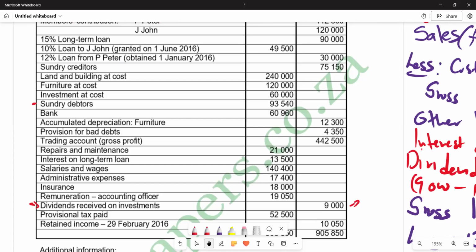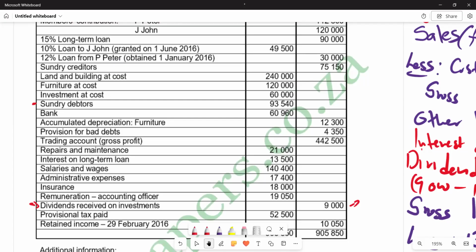So for the interest expense, we go to our question section, and we are given a long-term loan of 90,000 with interest of 15%. So to calculate the interest, we are going to say 15%, which is 0.15 as a decimal, times 90,000. And then we get the interest for the period, 0.15 times 90,000.